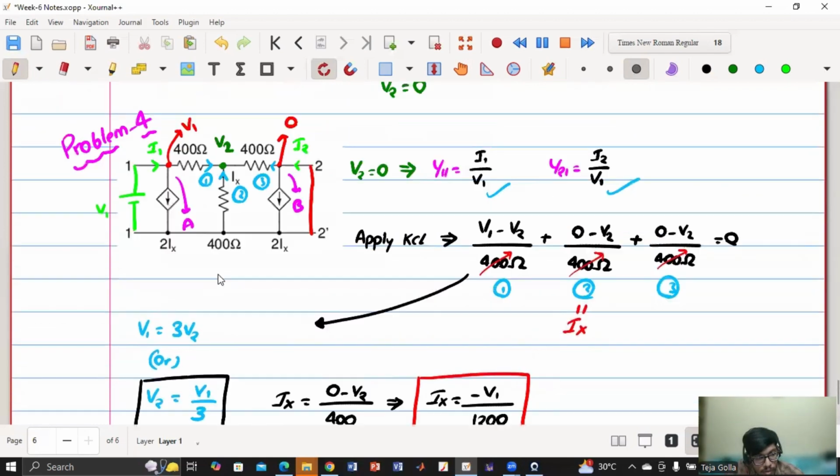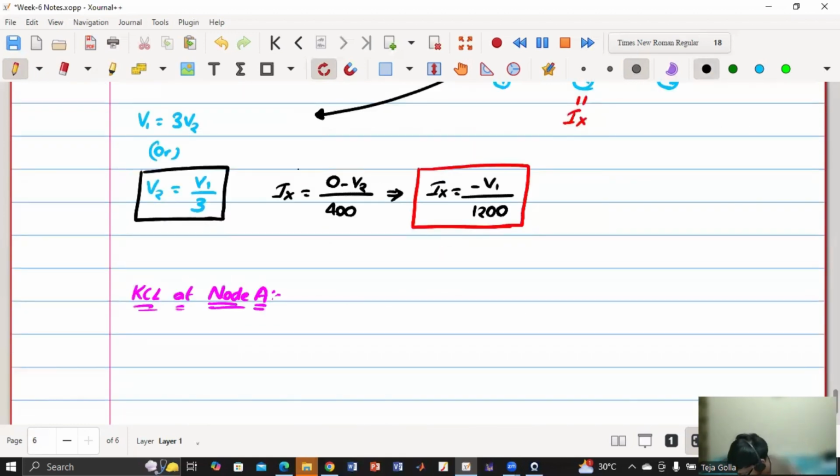So KCL at node A will give you what? I1 is equal to 2Ix plus the current (V1 minus V2) by 400.